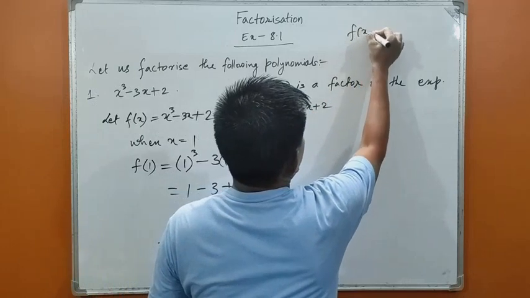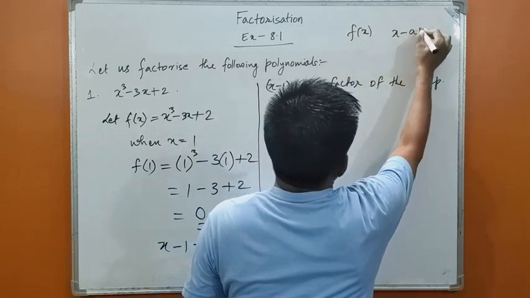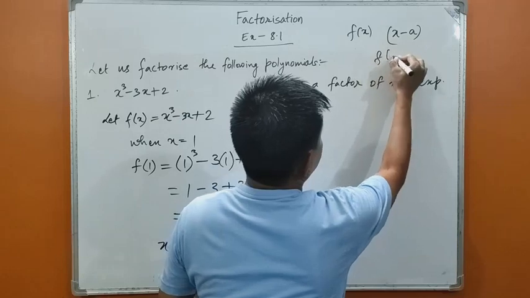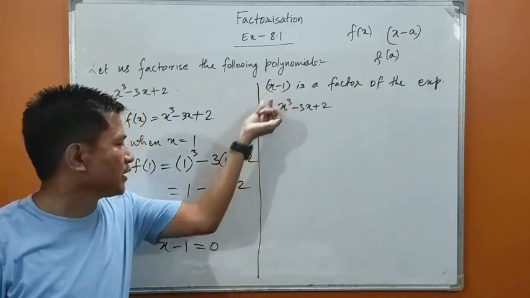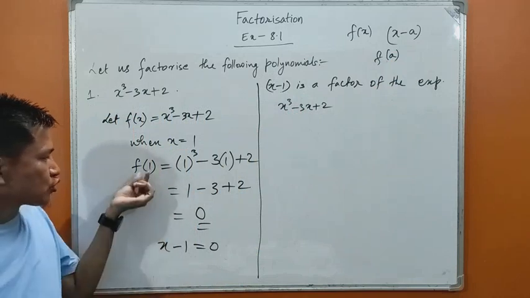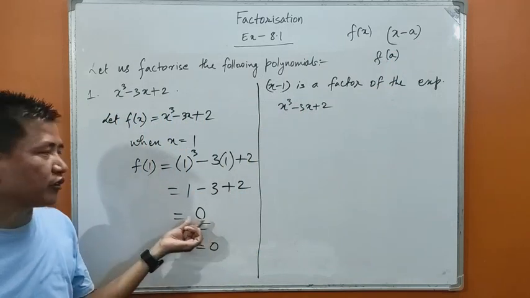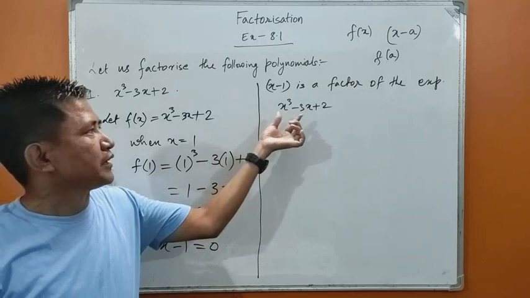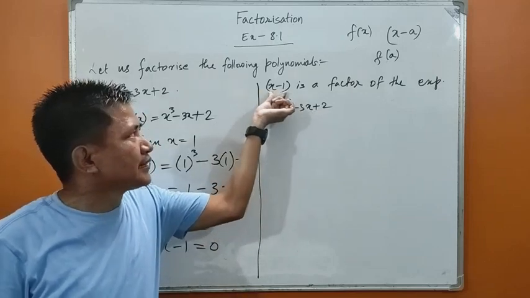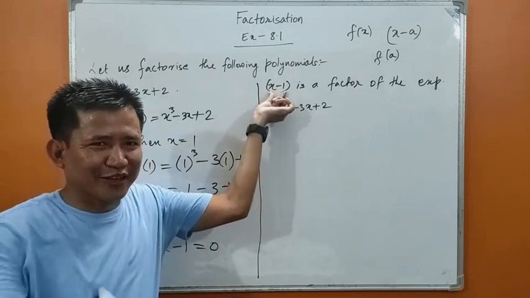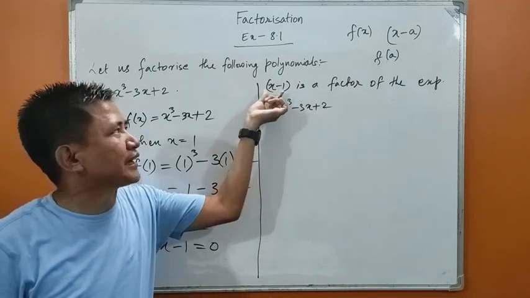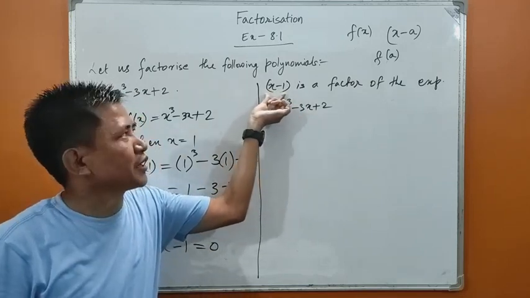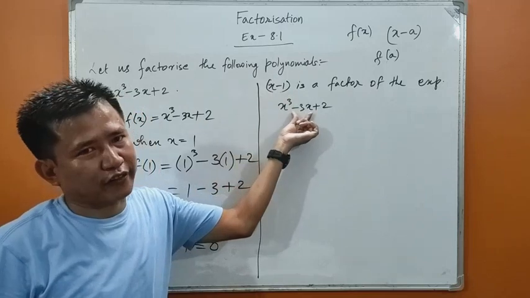When f(x) is divided by x minus a, then f(a) will be the remainder. So when this expression is divided by x minus 1, f(1) will be the remainder. f(1) became 0, so the remainder became 0. That means this expression is exactly divisible by x minus 1. So x minus 1 is a factor of this expression.